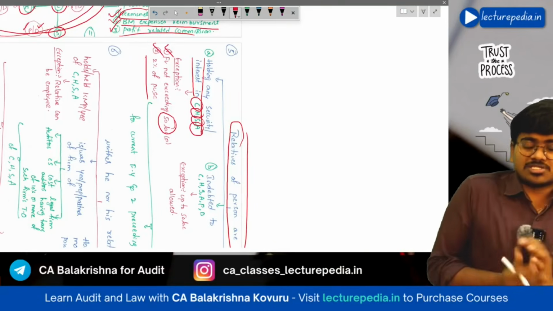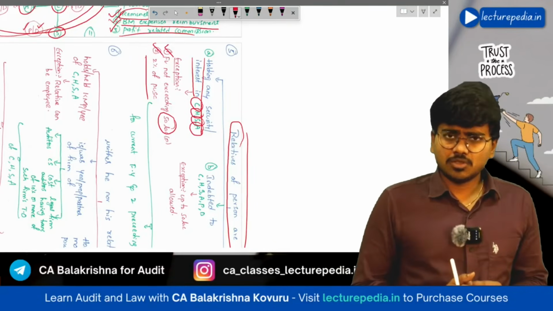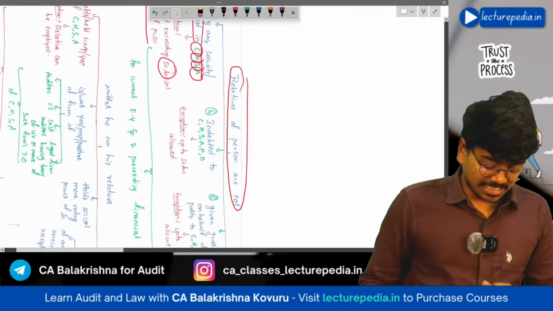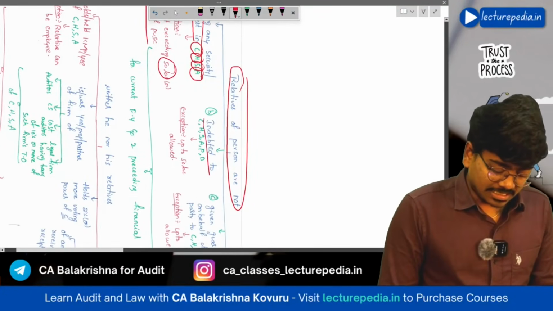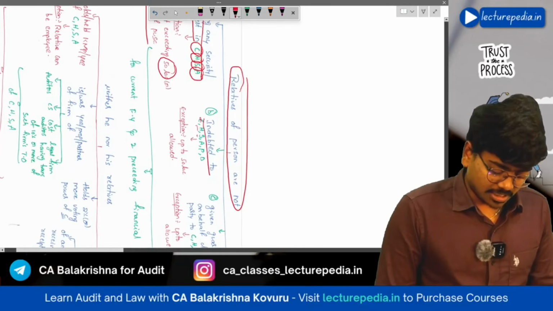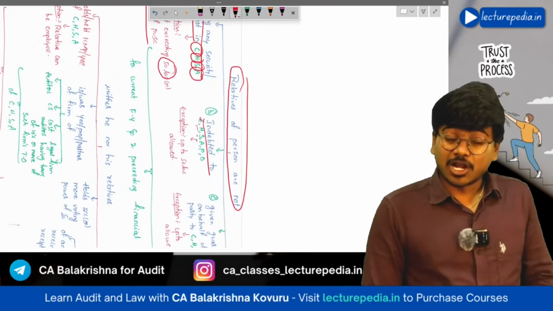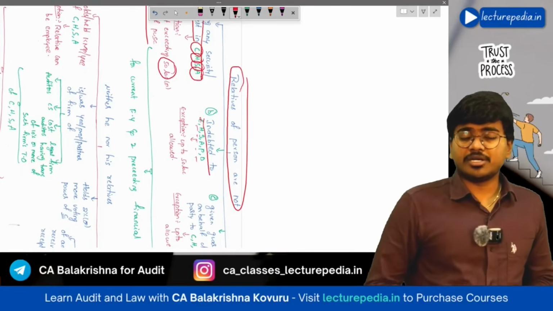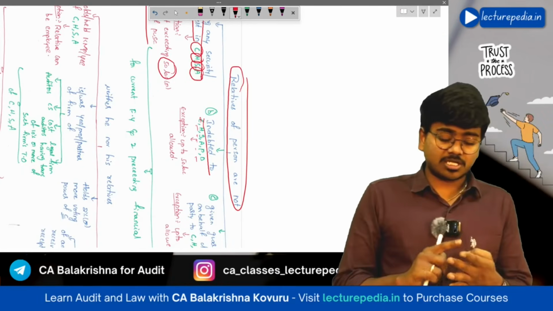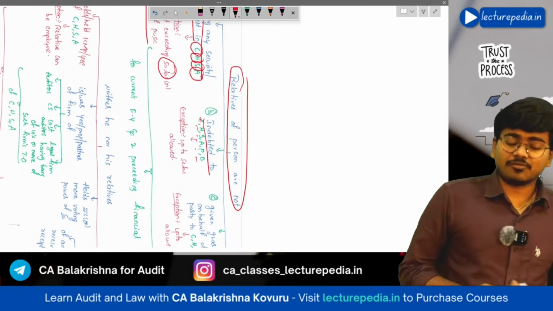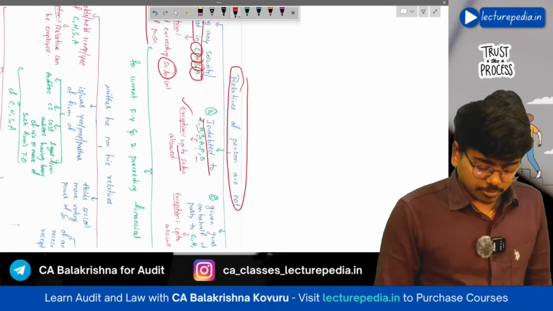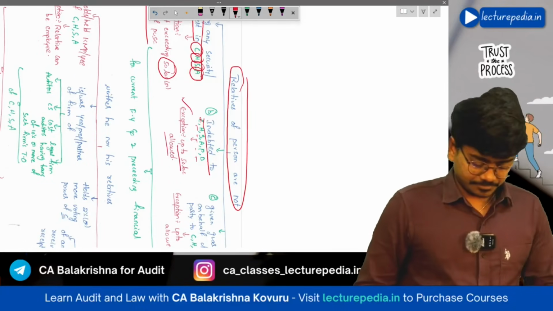Up to this amount relatives can hold the shares or interest in the company. Next, should not be indebted to the company, holding company, subsidiary company, associate company. Here, along with them, promoter and director are also added. Should not be indebted to the company, holding company, subsidiary company, associate company, promoter and director of those companies. The exception is that indebtedness up to 5 lakh is allowed.